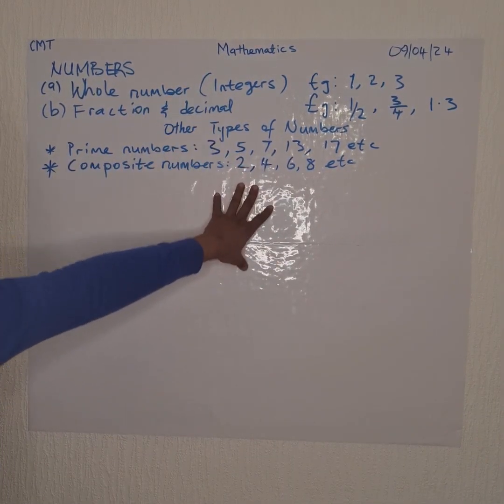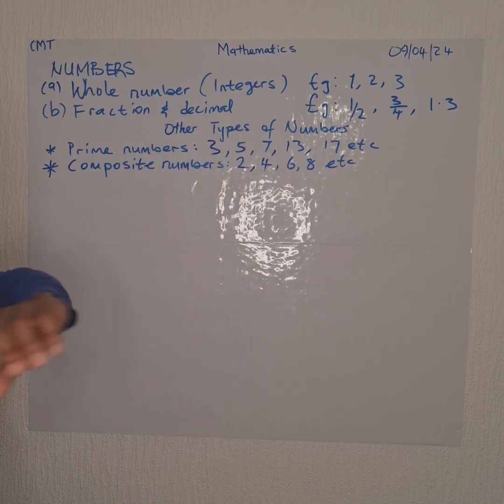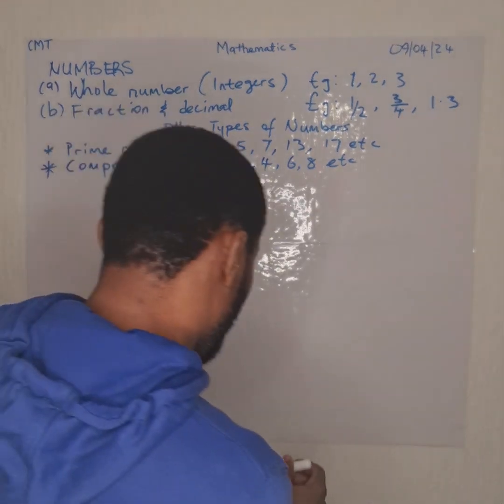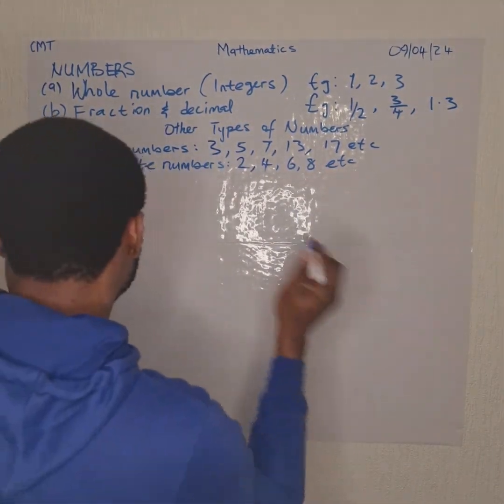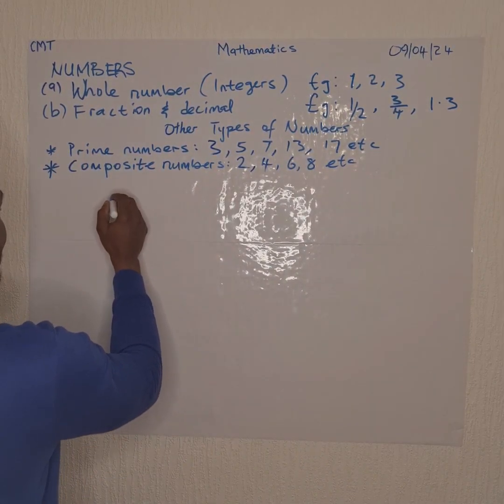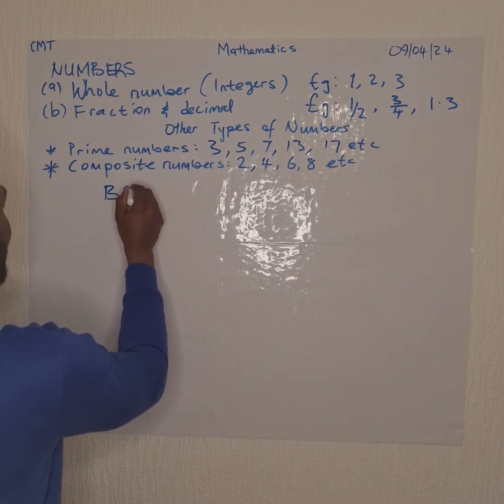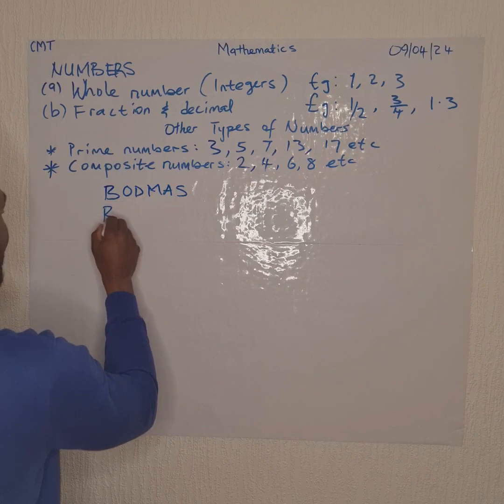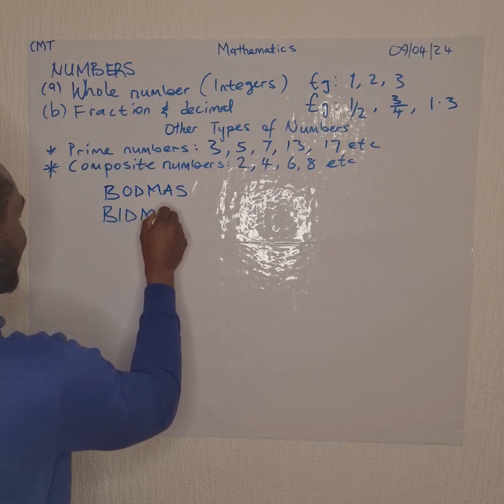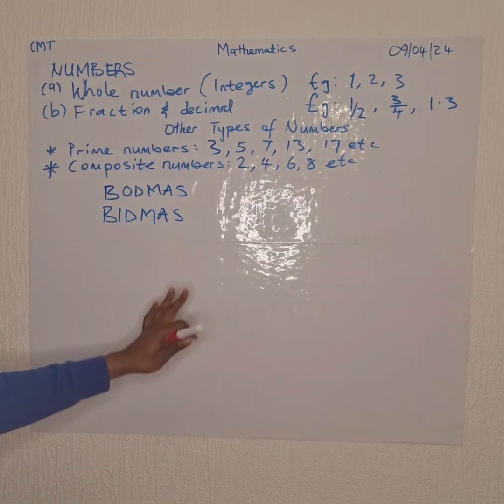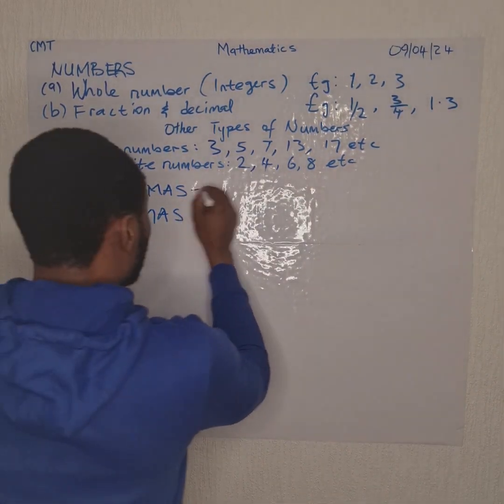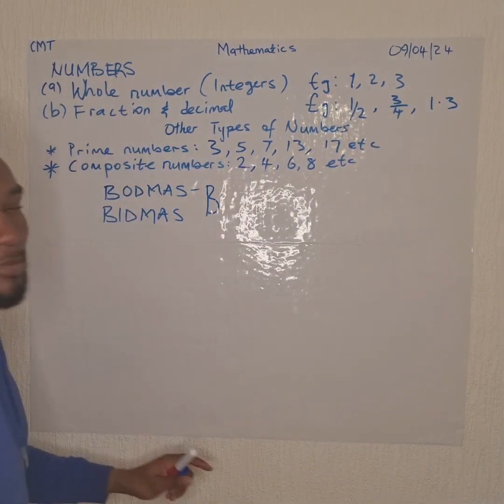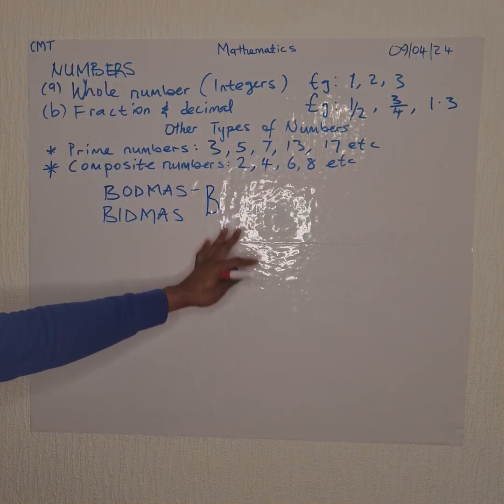No matter the type of number that we are dealing with, even if it is in standard form, which we'll get to in a moment, there are two ways to simplify them. And whether you call it BODMAS or you call it BEDMAS, we are speaking the same language. You must deal with the brackets that you have in that problem.